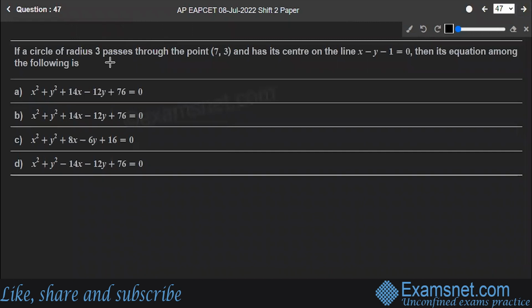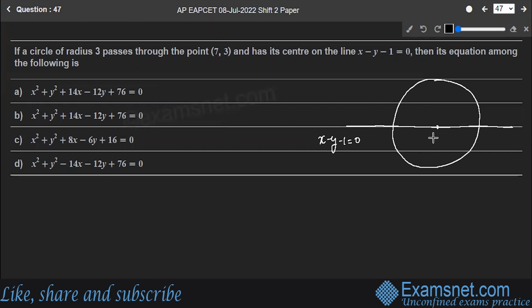If a circle of radius 3 passes through this point and it has the center on this line, then its equation among the following is... First of all, this is the circle. This is the given circle, and let this be the line x minus y minus 1 is equal to 0.